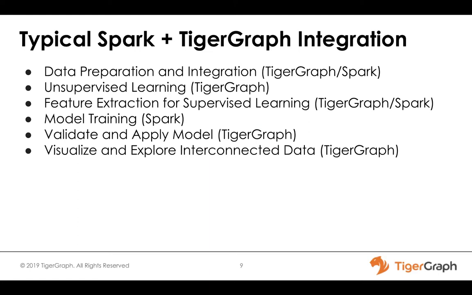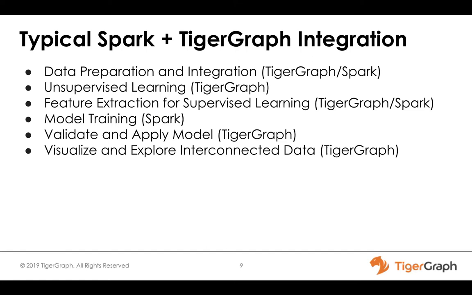So summarizing what Spark and TigerGraph do in this workflow. First, TigerGraph and Spark can both do the data preparation and integration. Specifically, graph is actually pretty good at merging datasets for, say, entity resolution.